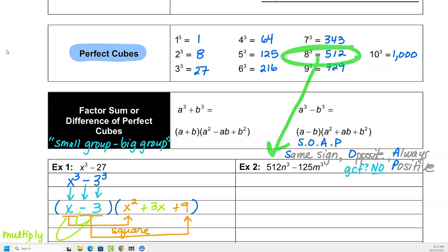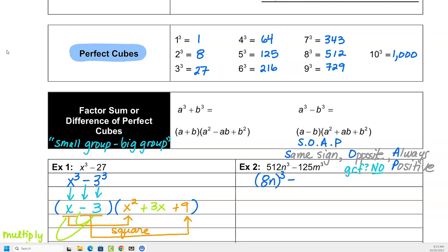So I'm going to rewrite this first term, the 512n cubed. I can write that as 8n and that whole thing to the third. Do you guys agree with that? Okay. And then minus 125m cubed.